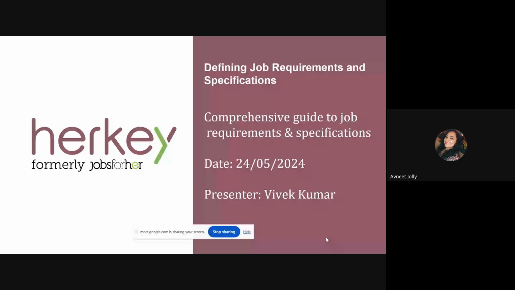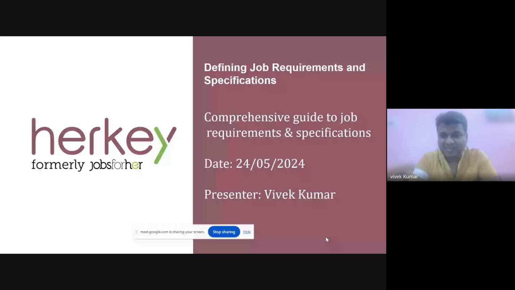So basically, in the previous session, we talked about recruitment and hiring, and we looked at the different aspects of recruitment and hiring. So this is mainly a session in continuation with the last topic. And now we are going to talk about how to look into the job requirements and specifications.